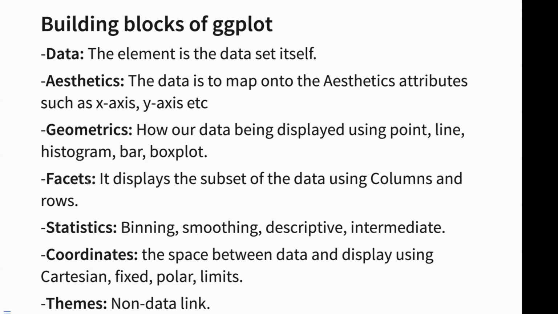Then towards the end, once we have looked at some of these components, we'll also look at facets. Facets just enable you to display subsets of that data using columns and rows.